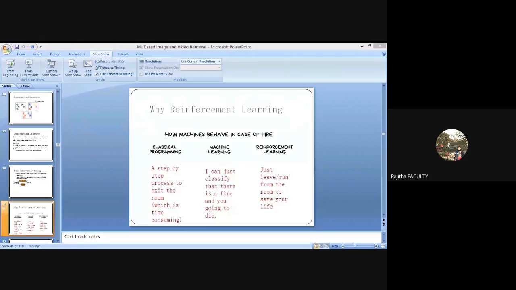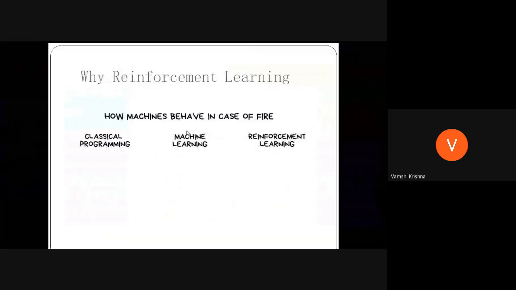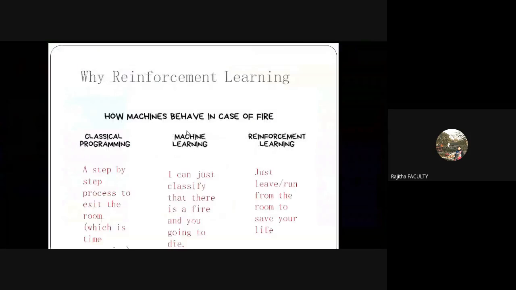Fine. So why is reinforcement learning required? If you look at general classical programming, you need to follow a step-by-step process. But if I go for a machine learning technique, I can classify that there is a fire and going out.